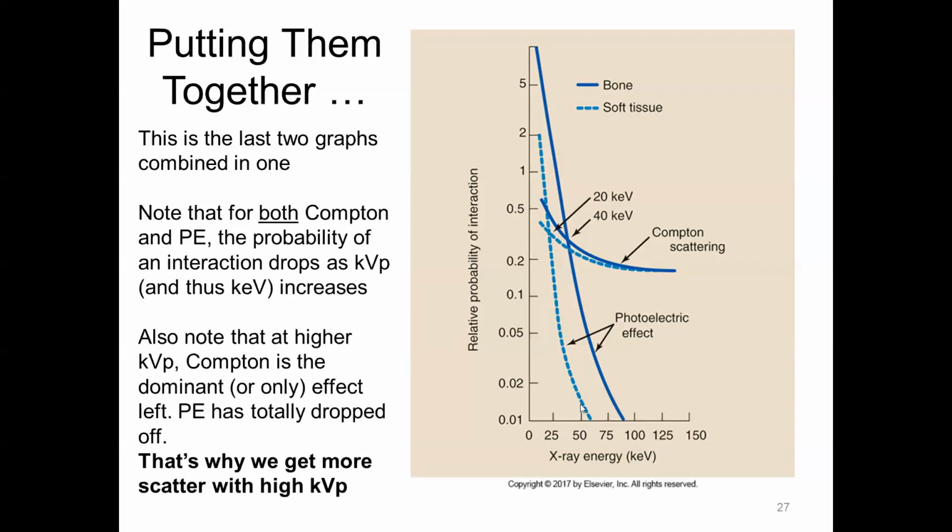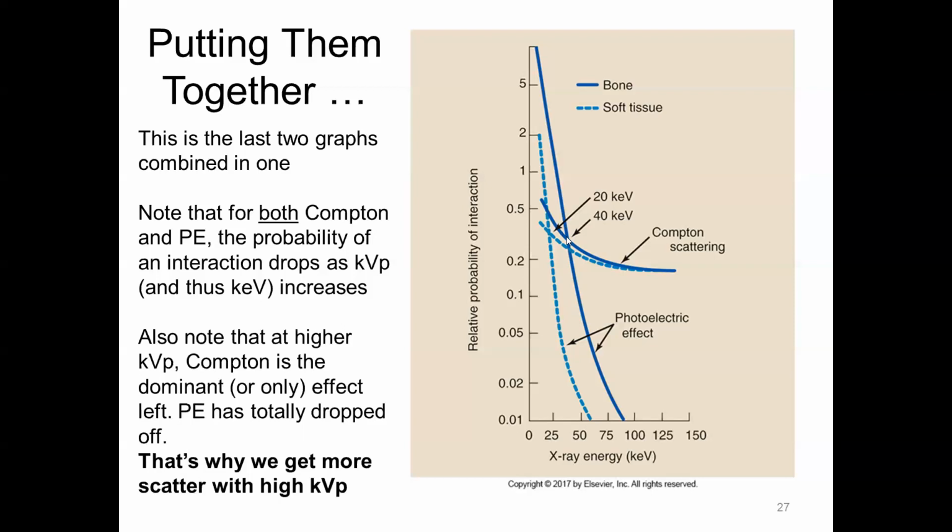Now we draw a line up from 50 in bone, and it's a lot higher. So a 50 kVp photon has better chance of being absorbed in the bone than in soft tissue. And that makes sense.